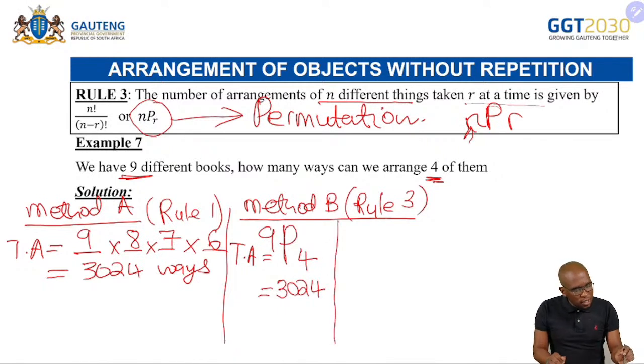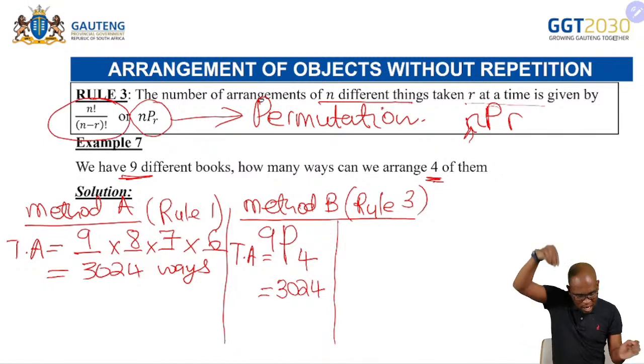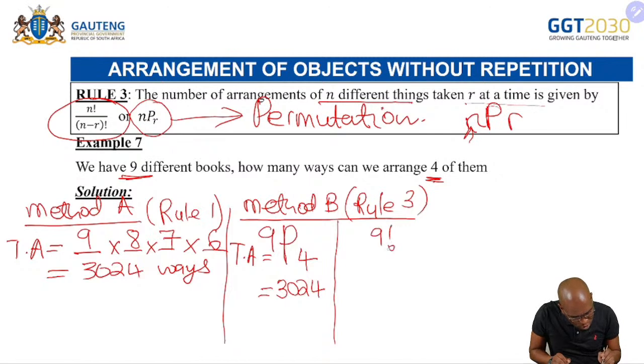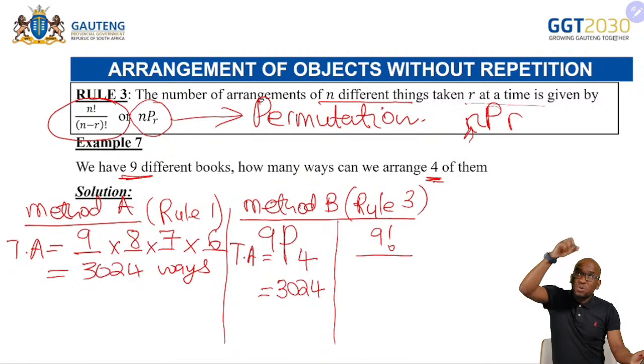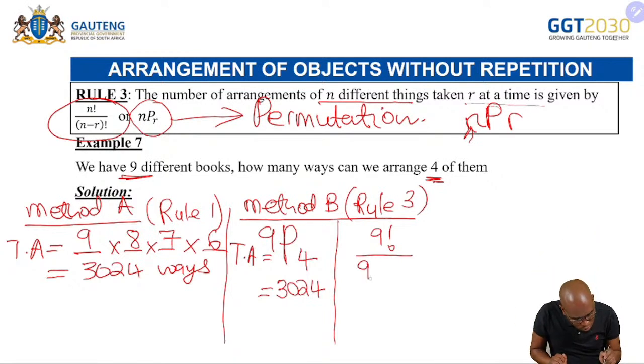Alternatively, we can also make use of this. Permutation, by definition, means you will take the 9 at the top, that is 9 factorial, over the difference between the top and the bottom, so that would be 9 minus 4 factorial.